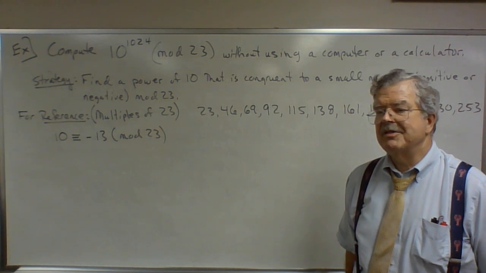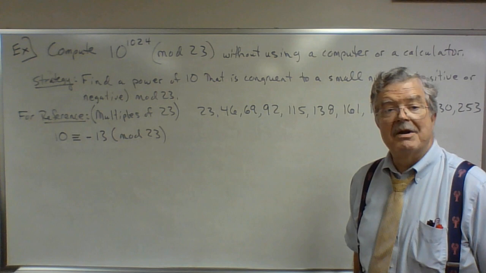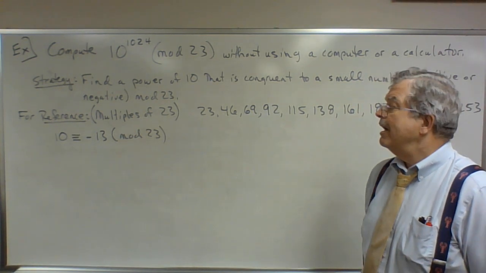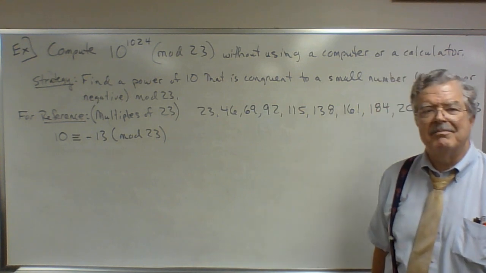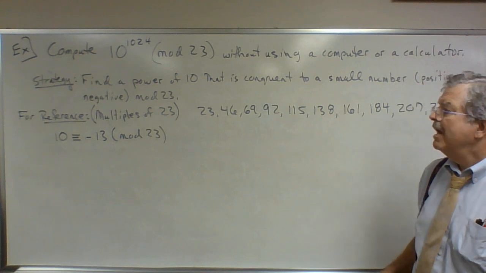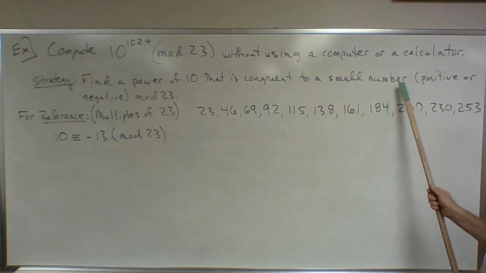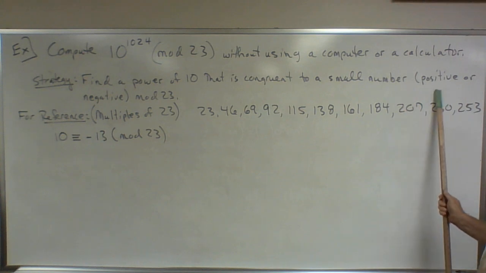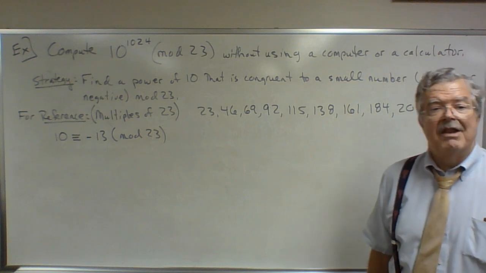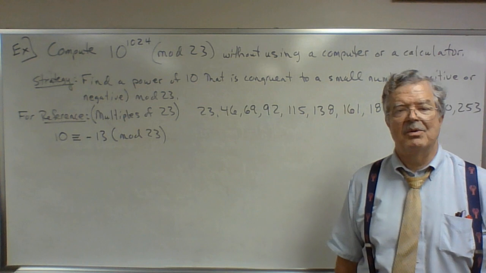If we find something that's congruent to 2 mod 23, that's pretty good. Or negative 1 mod 23, that's pretty good also. But for reasons that may become obvious as we progress through this exercise, our strategy is to find powers of 10 congruent to a small number, positive or negative, modulo 23. And if we get negative 1 or positive 1, we've hit the Holy Grail, okay?